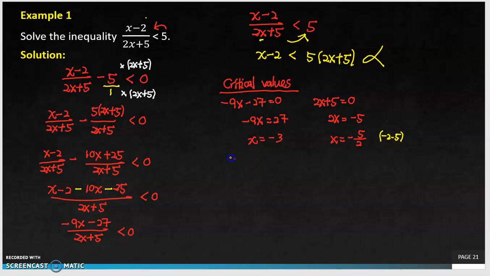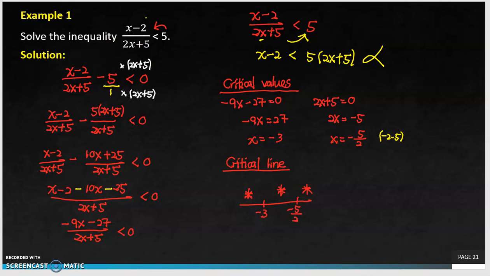Next, the critical line. For the critical line, we have two values. The smaller value is negative 3. The second value is negative 5 over 2. So we need 3 intervals.